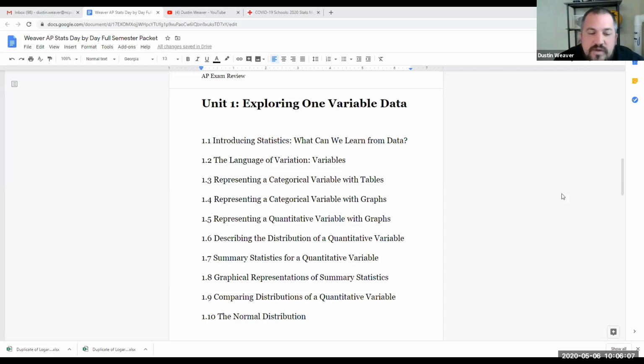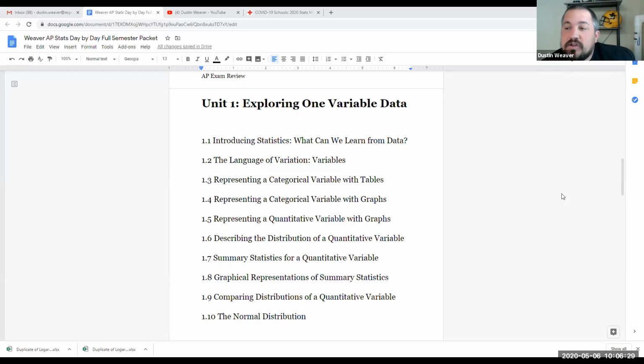When we talk about variables, we talk about the fact that there are categorical and quantitative variables in statistics. A categorical variable can be explained by words. It can be grouped by words or different categories, whereas a quantitative variable is often used with numbers, right? It's going to be numbers.